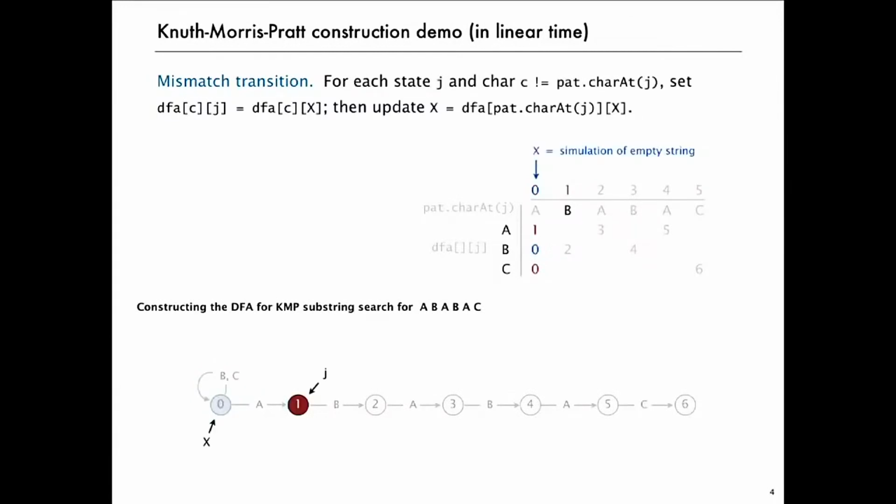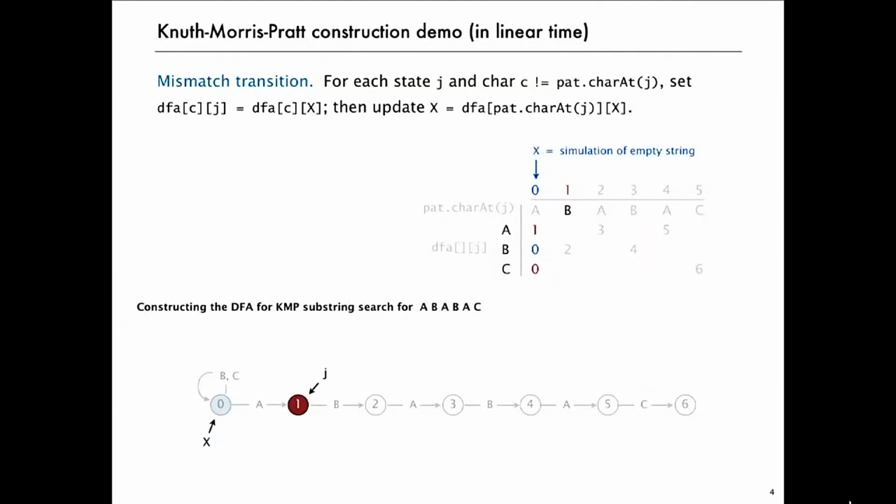So now when we move over, X is, when we're in position 1 of the pattern, X is where we would be if we started out without that character, which would be the empty string. So we start out with just filling in zeros. For state 0, and we can do that without any further reasoning. But now we've got X initialized.